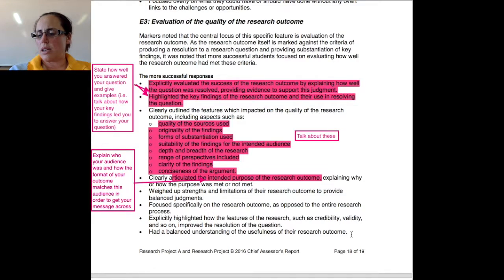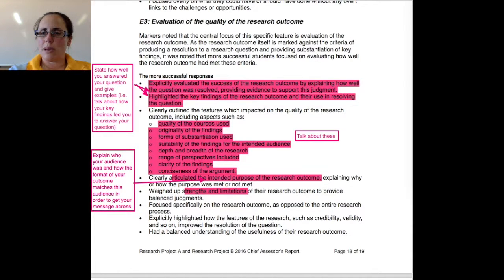I've given this example before, if you're talking to people in the CWA about making scones for the Royal Adelaide Show, that's different to talking about cyberbullying for teenagers in high school. Therefore, those outcomes will look different, but they should be appropriate for the audience that you're directing it at. So make sure you talk about how appropriate it was and how clear it was in getting the message across.